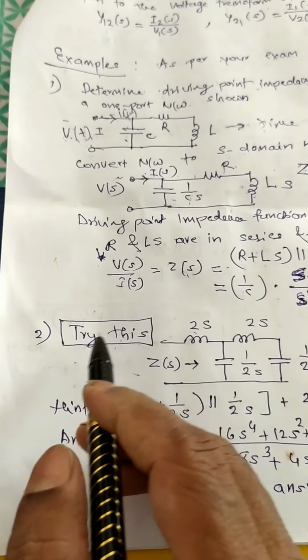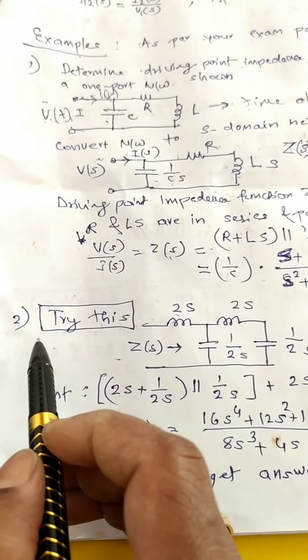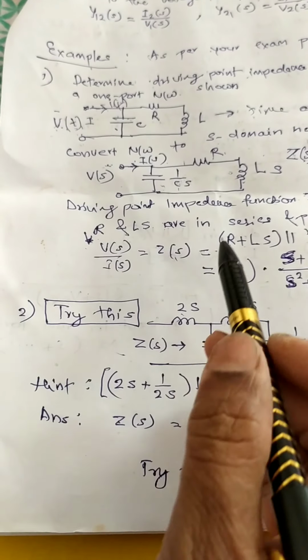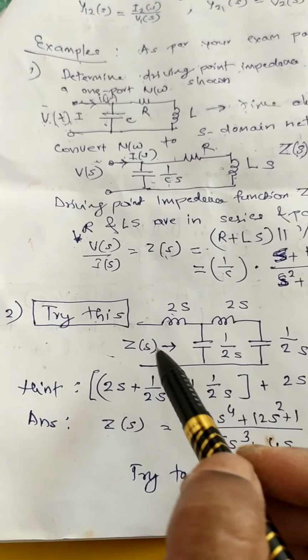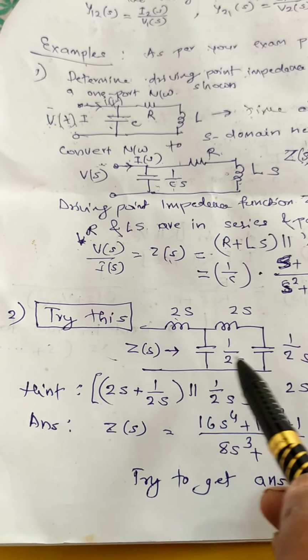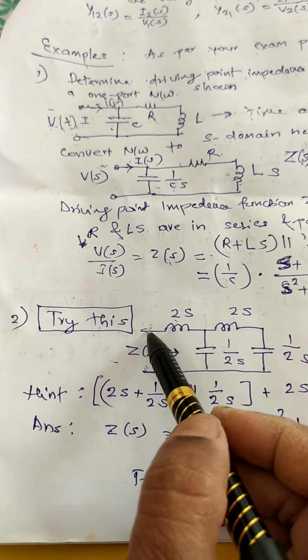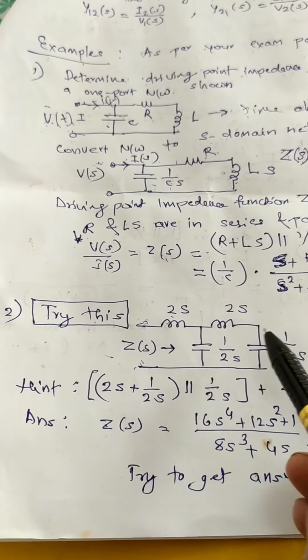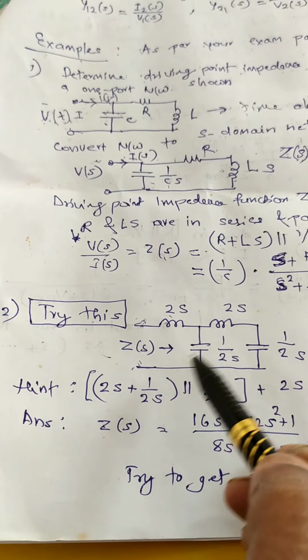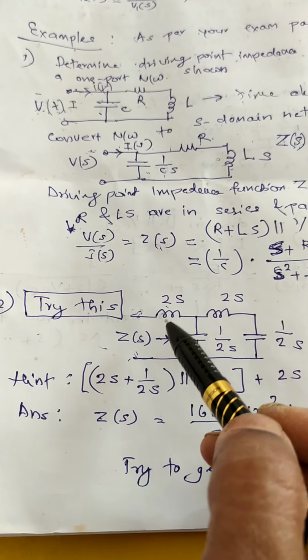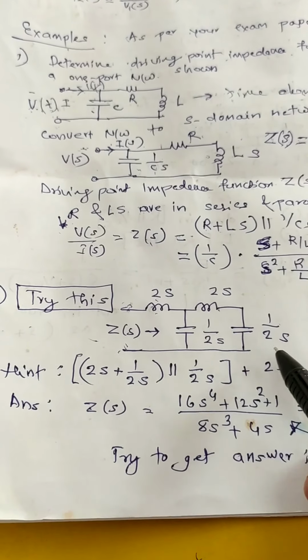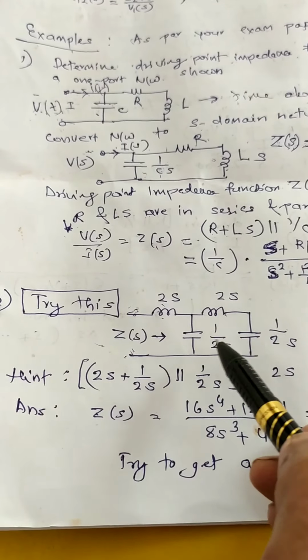Now I will ask you to try this problem, the same kind of problem. Looking at this, what will be Z of S? Simply it is the impedance looking from these two points, and the converted network is already given: 2s, 2s, 1 by 2s, 1 by 2s. These two are in series, then parallel with this, then series with this.